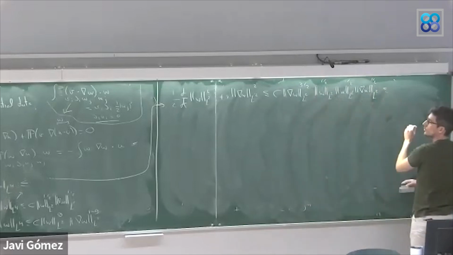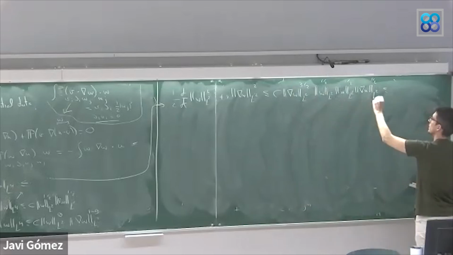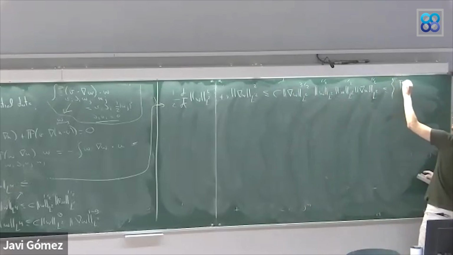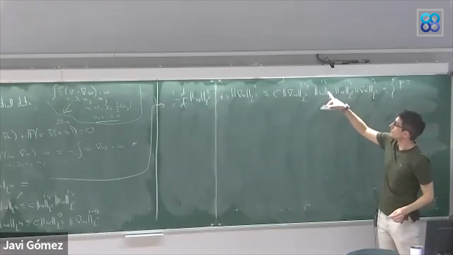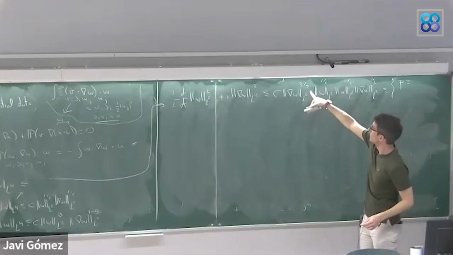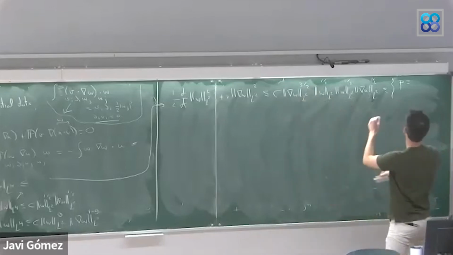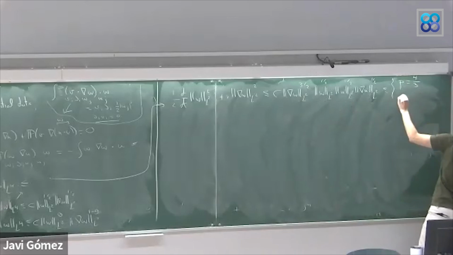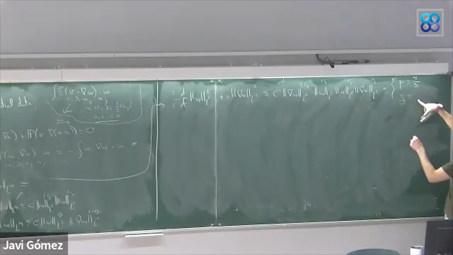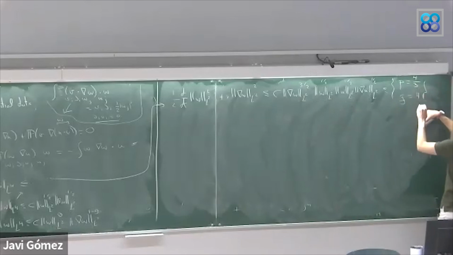So now jumps, or well, the typical one, no? Let's choose P equal to... I want this to become 2, so this is 4/3, and the dual is 3/4 plus 1/4, no?